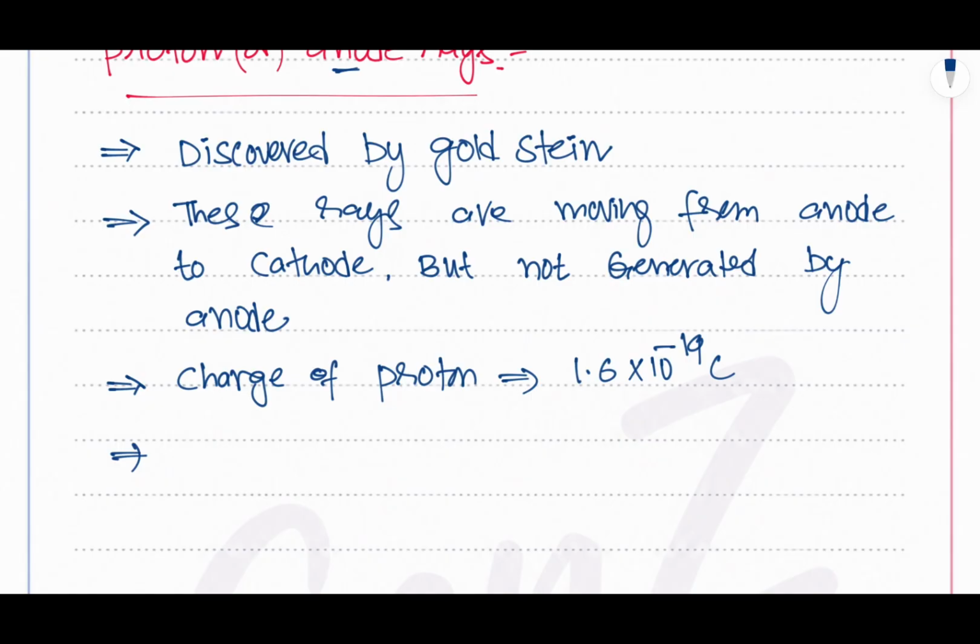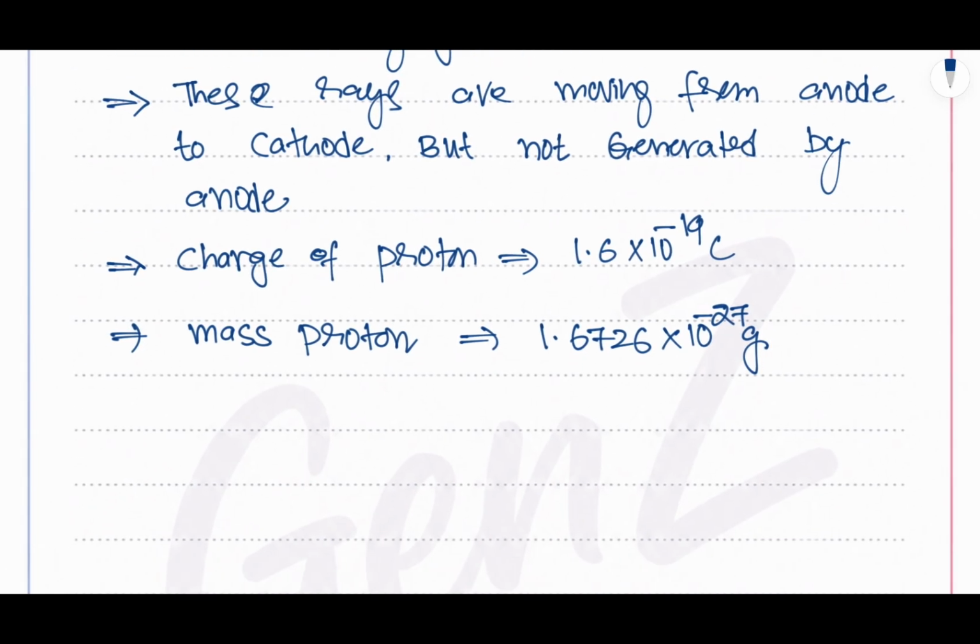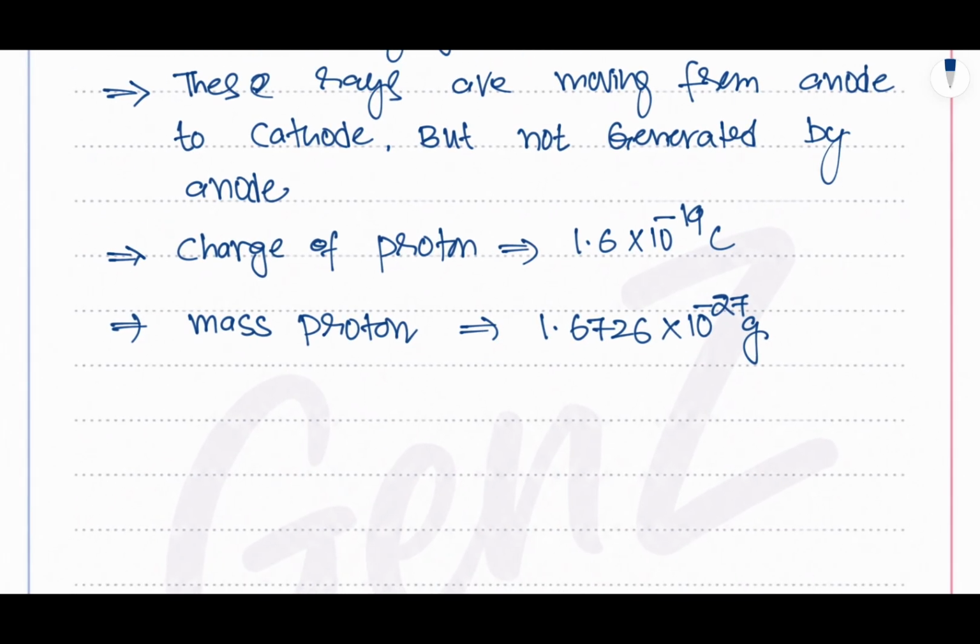Next, the mass of the proton is much higher than the electron, and this value is 1.6726 into 10 power minus 27 kg.